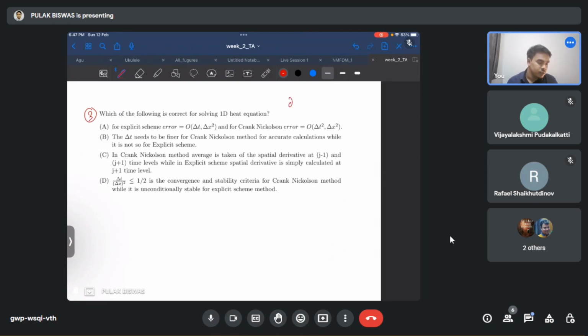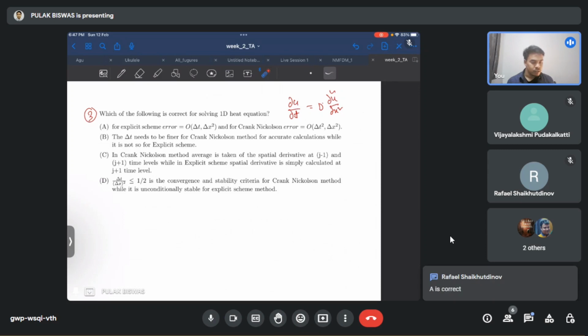Heat equation, del U del T equal to some diffusion constant. So you know that A is correct, yeah.